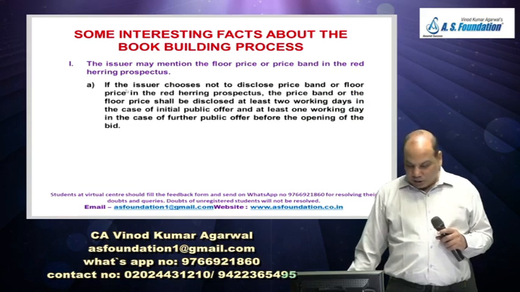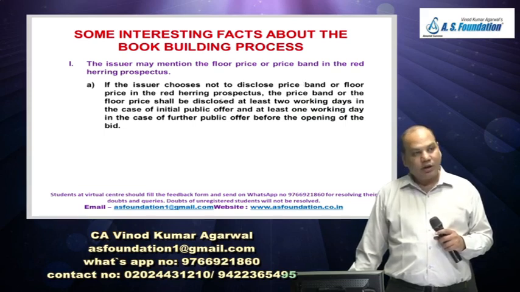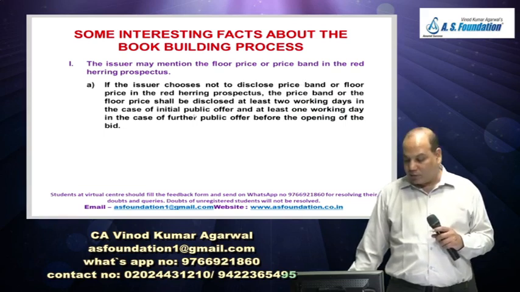Second line, if the issuer chooses not to disclose the price band or floor price in the red herring prospectus, the price band or the floor price shall be disclosed at least 2 working days, underline, at least 2 working days in case of IPO and at least 1 working day in case of FPO, before the opening of the bid.